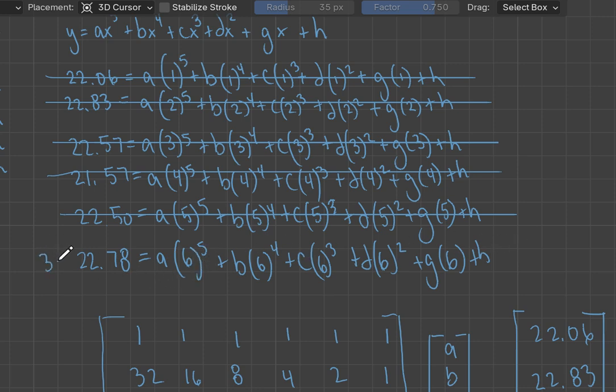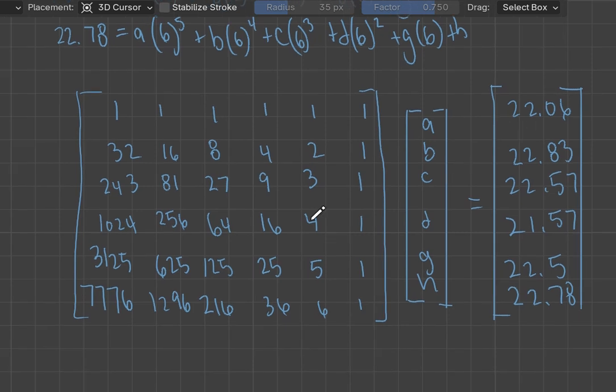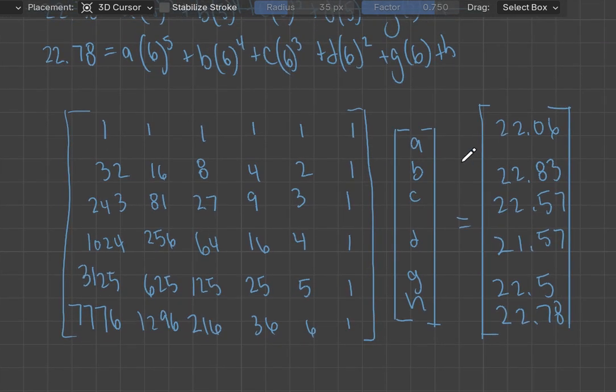I would just multiply by 3 here, multiply by 3 here, multiply by 3 here, so on and so forth. I could do that to any of these rows. Like if I multiply the first row by 3, all these would be 3s. And then I would have to multiply this by 3 as well.